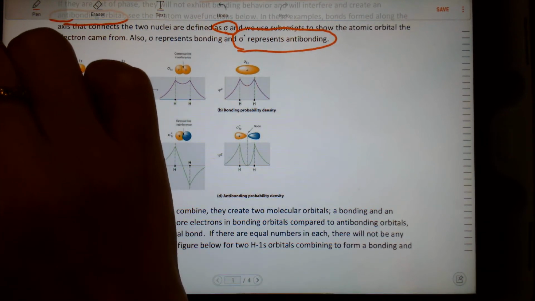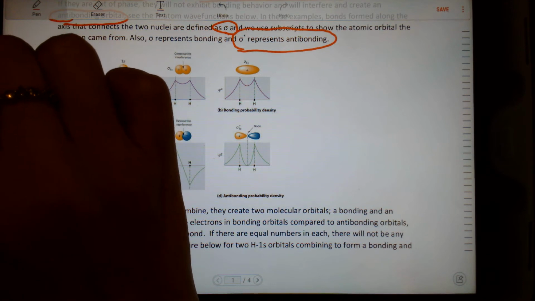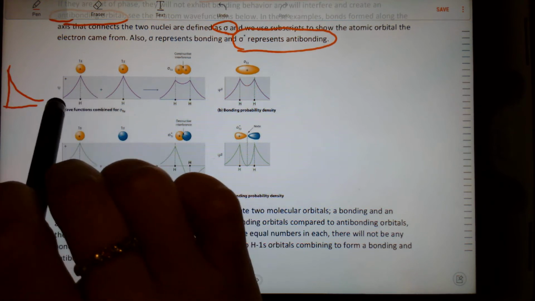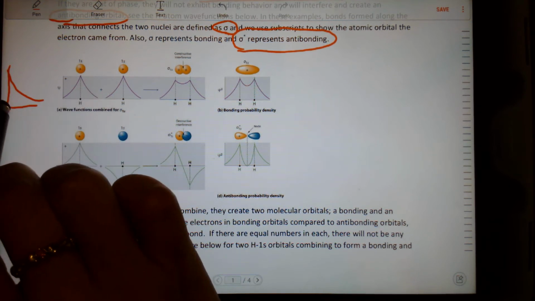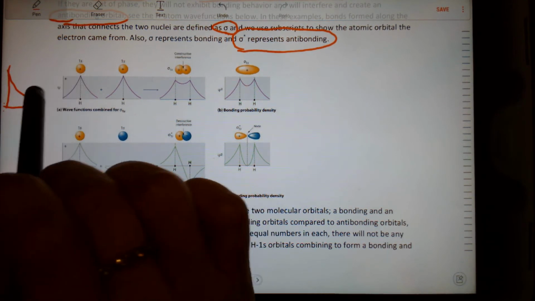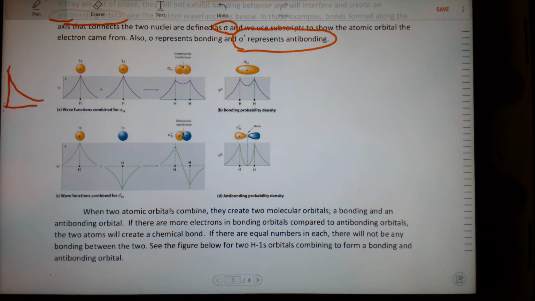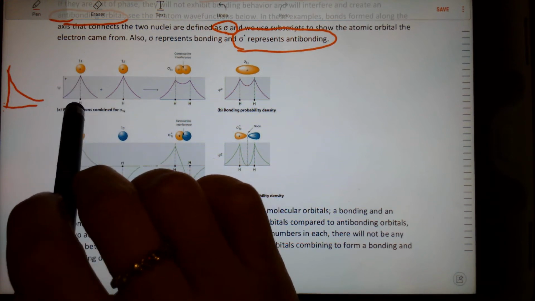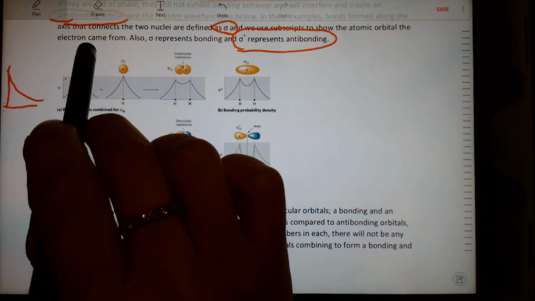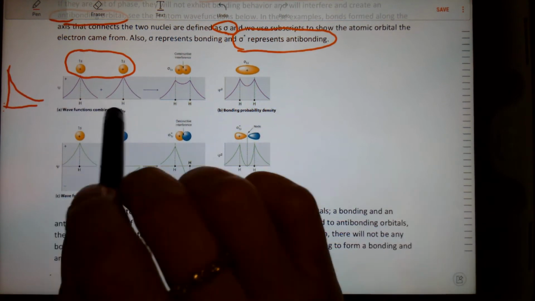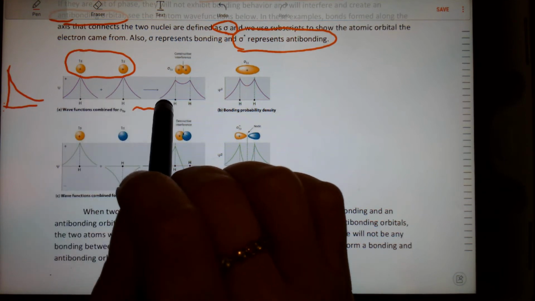Okay, so let's look at 1s. Recall a 1s wave function when we drew it out looked like that. All we're doing is extending it on both sides of the atom. We always put the nucleus right here at the origin and looked at it. Here, again, we just mirrored it on both sides to say that bonding could occur from either direction. If they're in the same phase, like we have here with hydrogen and hydrogen, which from our diagram below we represented with this simple model, the wave functions overlap constructively and we get this.